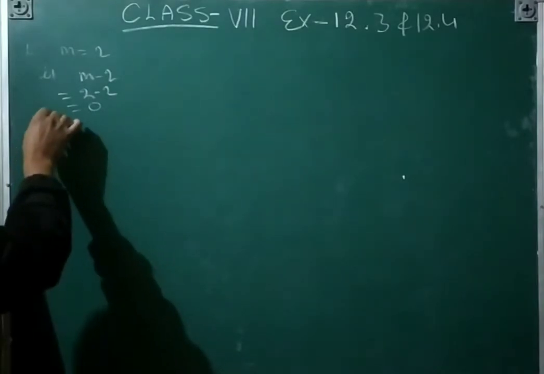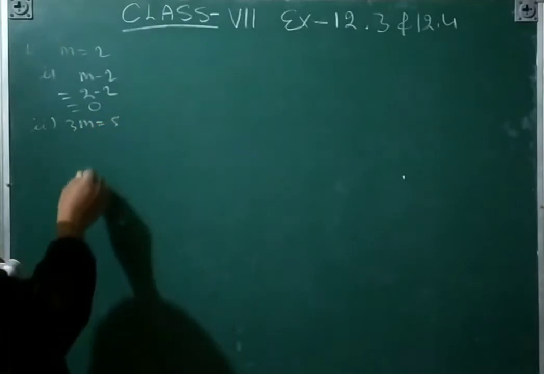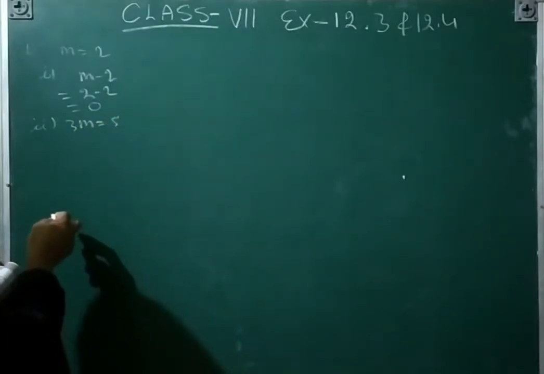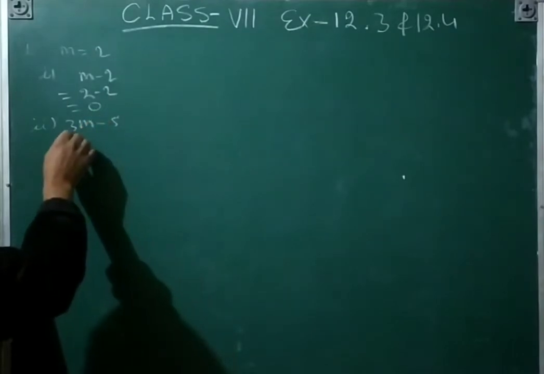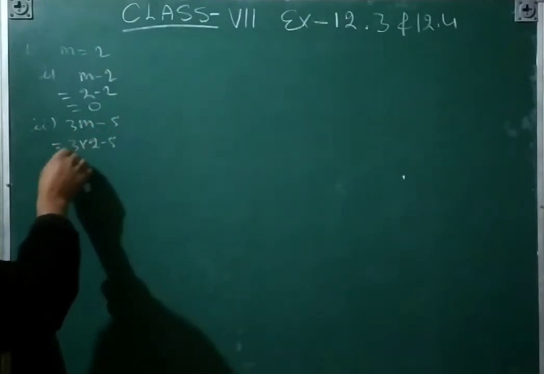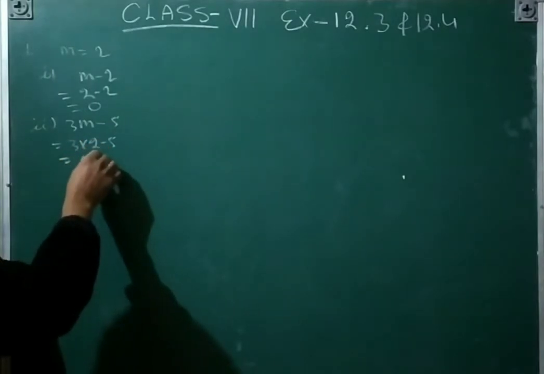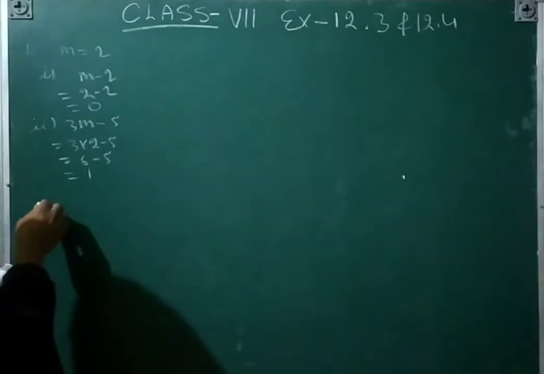And then second part: 3m minus 5, so that is 3 into 2 minus 5. 3 twos are 6, and then minus 5 is equal to 1.